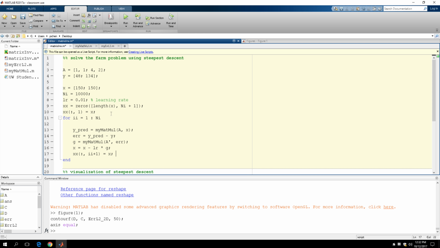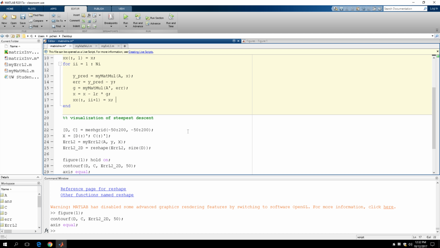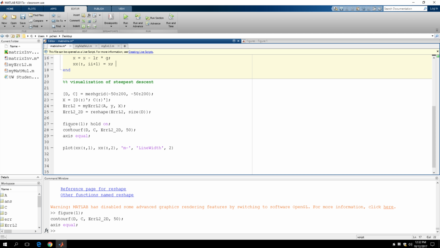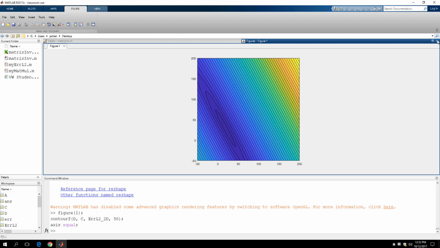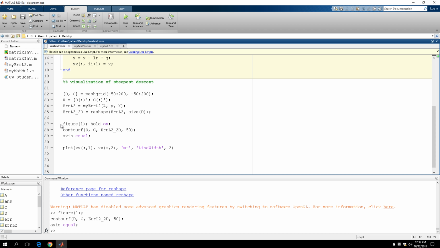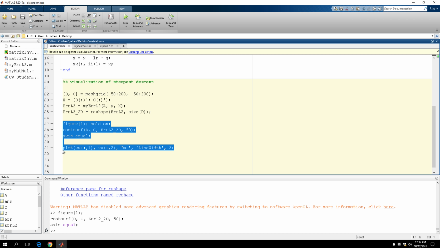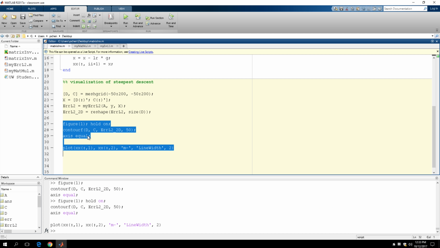Hold down the Control key, press Enter, and now it's finished running, right? Let's close this particular figure first, and then let's rerun this figure. Let me select this section and then evaluate the selection.